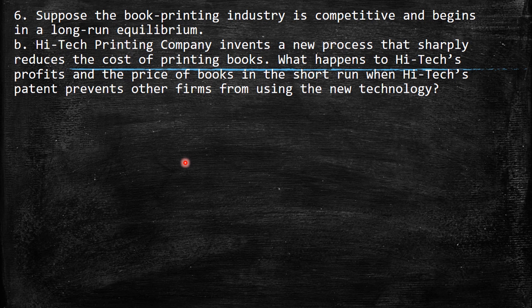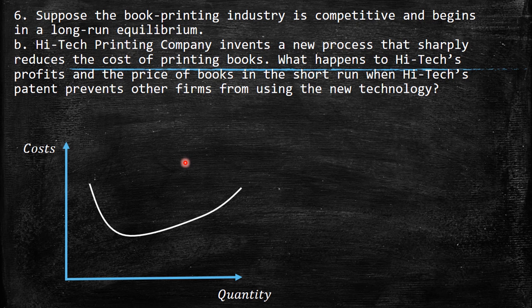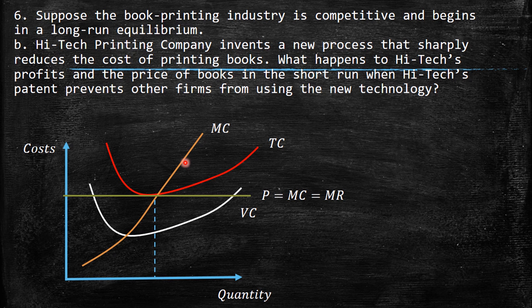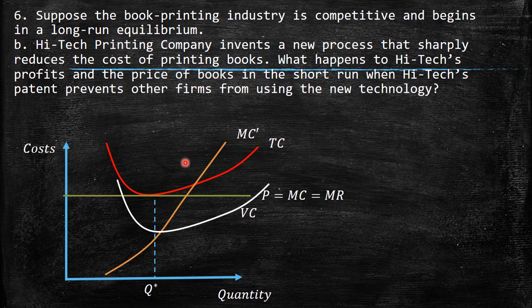Okay, so what happens to high-tech's profits and the price of books in the short run when high-tech's patent prevents other firms from using the new technology? Here we have the initial situation. Due to that, it's going to reduce both variable cost and total cost.